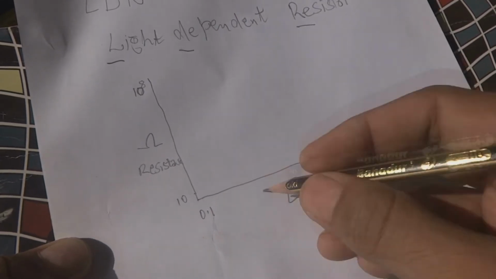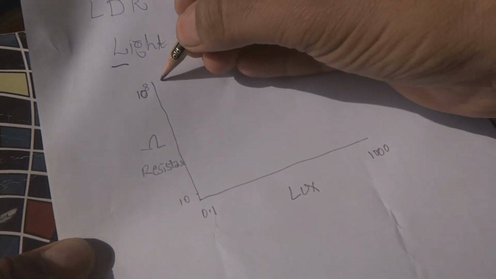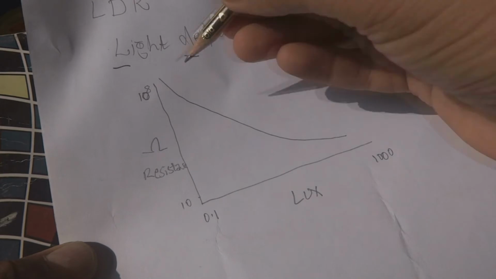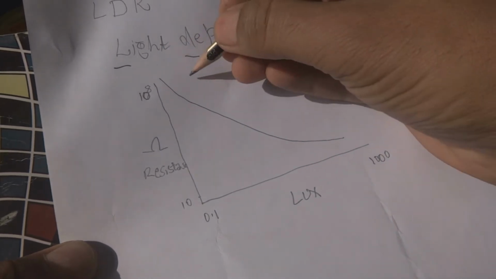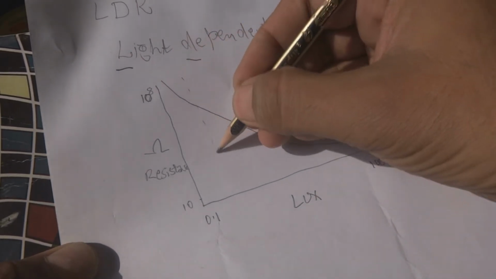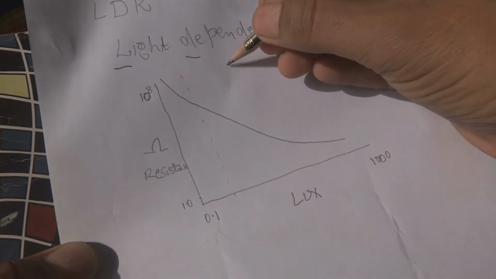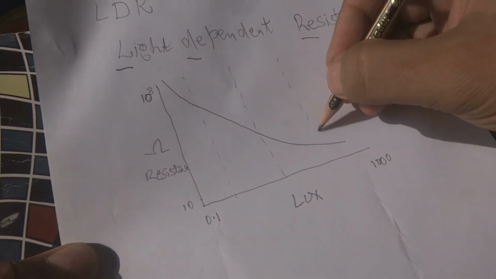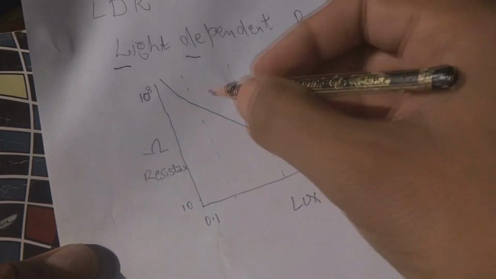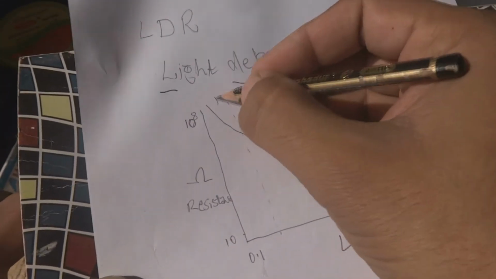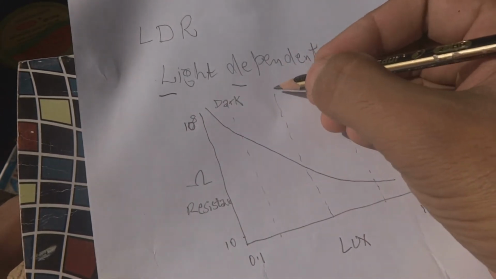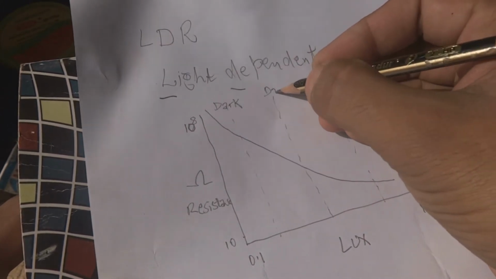This is normally used for light, and if we draw the characteristic curve, it will look something like this. This is what you normally see in the books. If we draw 3 lines across this curve, you can see these dotted lines. Here we write dark, very much dark, like night, and then daylight.